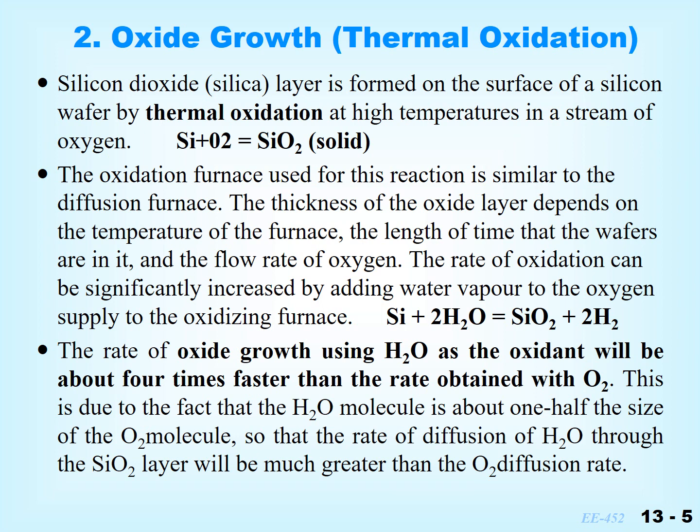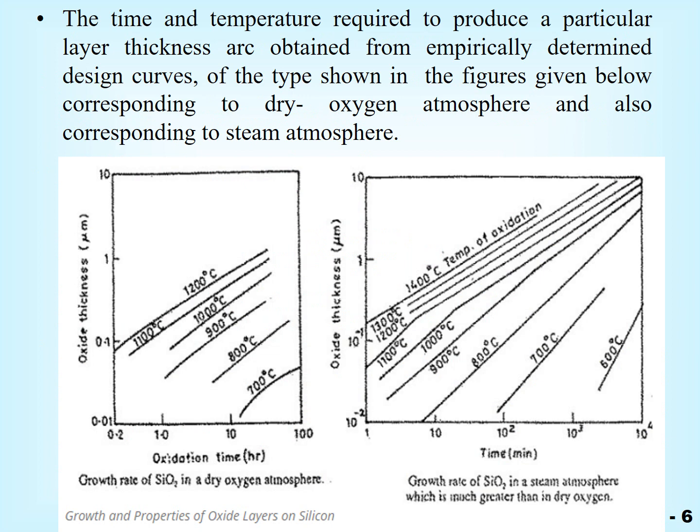This is due to the fact that the H2O molecule is one half the size of the O2 molecule. So the rate of diffusion of H2O is much greater as compared to the O2 diffusion rate. This is usually the growth property of the oxide layer on silicon.